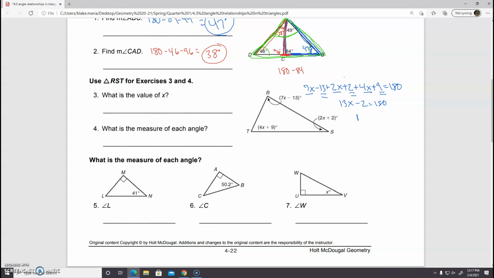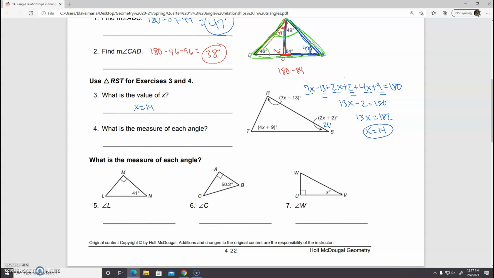So we're going to add 2 to both sides. And then we're going to divide both sides by 13. So we have 182 divided by 13, and we get 14. So what is the value of x? X is 14. And then this one says, what's the measure of each angle? That means you're going to have to go in and plug it in. Unfortunately, they are all different here, so we've got to plug it into each of them.